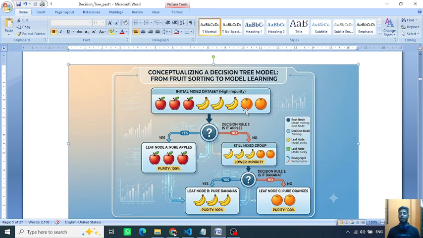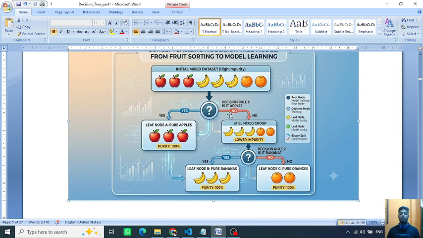Here, apple, banana, lemon, orange, whatever. First it asks a question: is it an apple? If yes, all apples go to the left side, and if no, the remaining fruits are in the right side bucket.